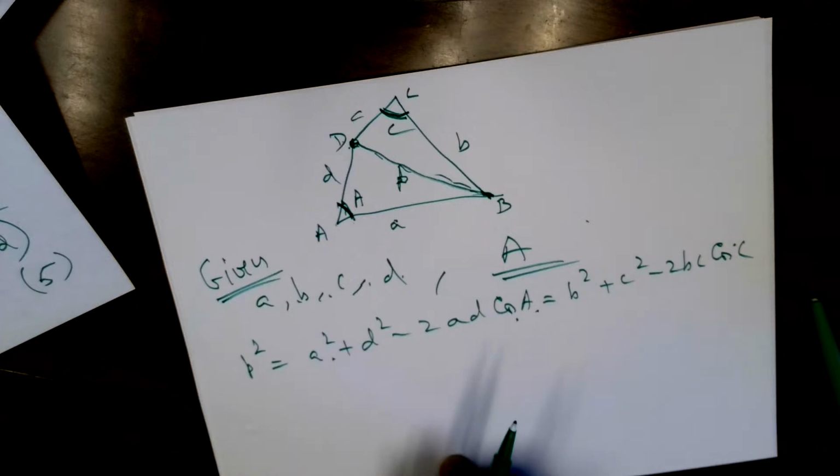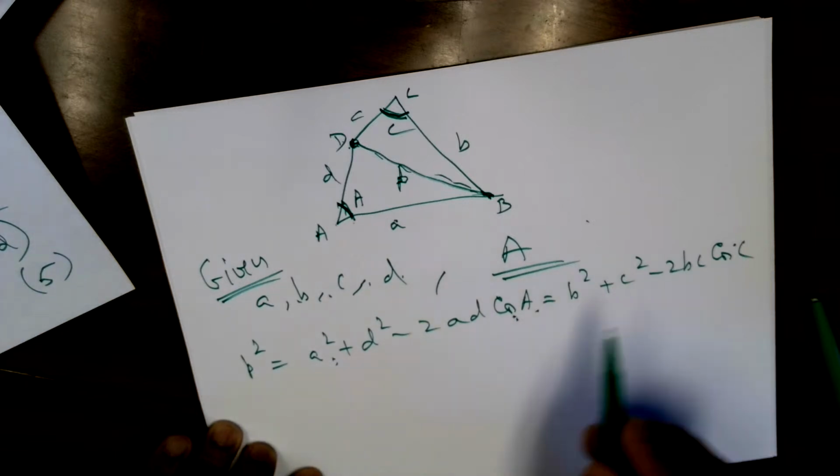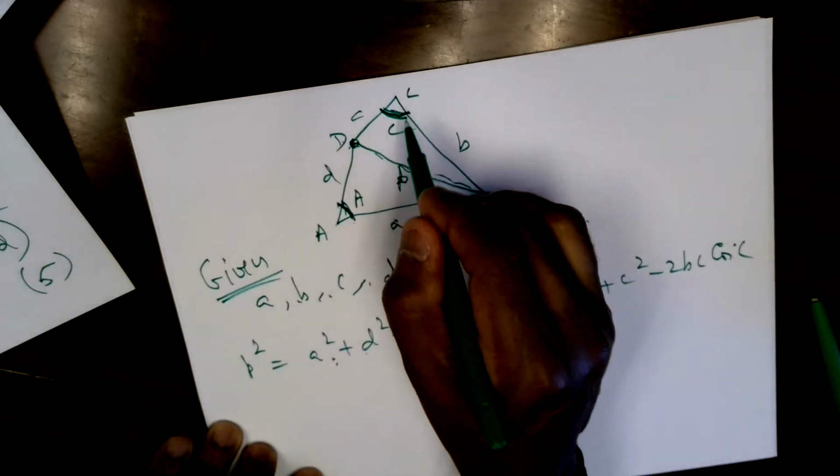Since cos A is given, you can solve for cos C from here. So that gets C.